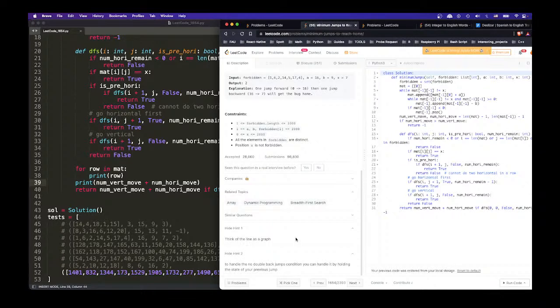And we think of them as a graph. Okay. Holding the state of your previous jump. The hint didn't help me at all.